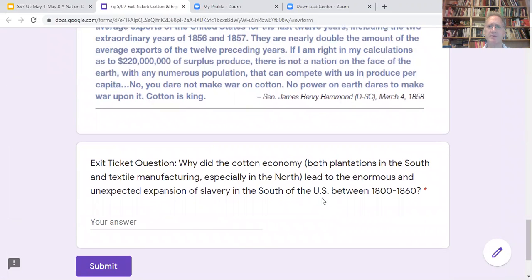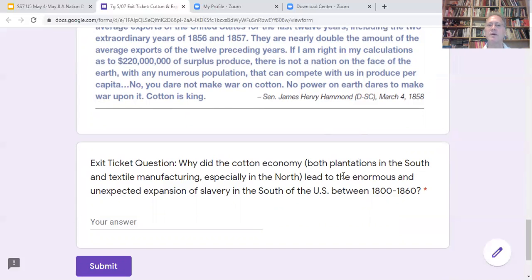The exit ticket ultimately will ask you why did the cotton economy, and here we're talking about the slave plantations in the South, but then also factories that turn raw cotton into clothes, into textiles, textile manufacturing in the North.